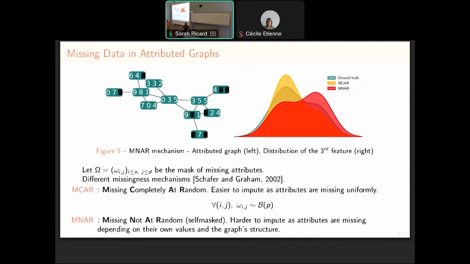And this is way harder to impute because it changes the distribution a lot, even when we consider a small graph. And we are going to tackle both of these scenarios because usually state-of-the-art methods only consider the missing completely at random case. We want to tackle both scenarios.